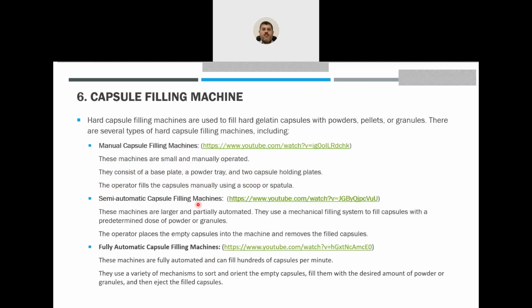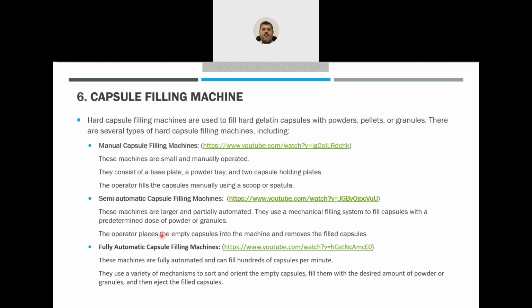Semi-automatic capsule filling machines are larger and partially automated, not fully automated. The filling part is a mechanical filling system that fills capsules with a predetermined dose of powder or granules, and it is automated, but the manual part is that the operator places the empty capsules into the machine and removes the filled capsules from the machine manually.